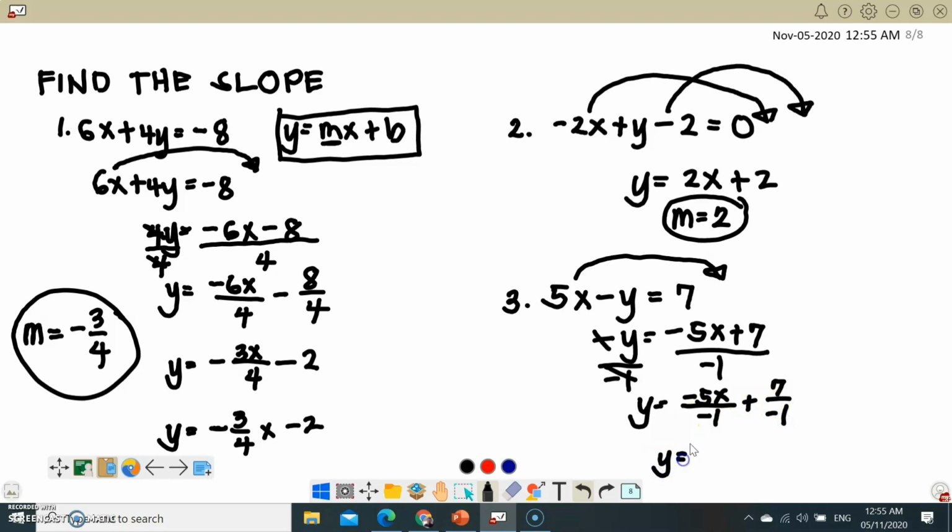So y is equal to negative 5x over negative 1, which is equal to positive 5x. 7 over negative 1 is negative 7. So plus negative 7. So positive multiplied by negative is equal to negative. Therefore, y now here is equal to 5x minus 7. So from here, we can now identify what is the slope of the given equation. So our slope now here is equal to positive 5.